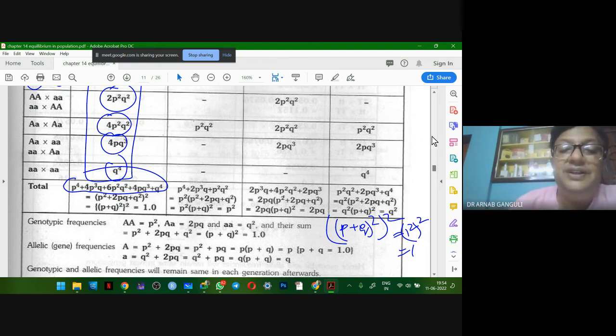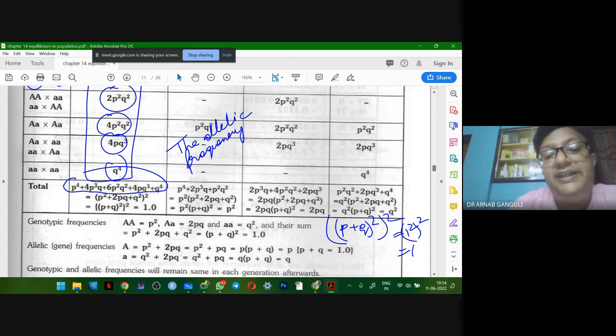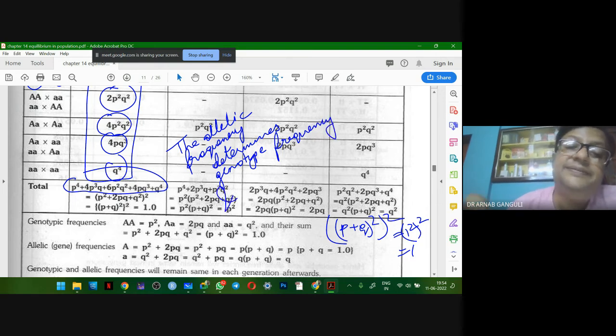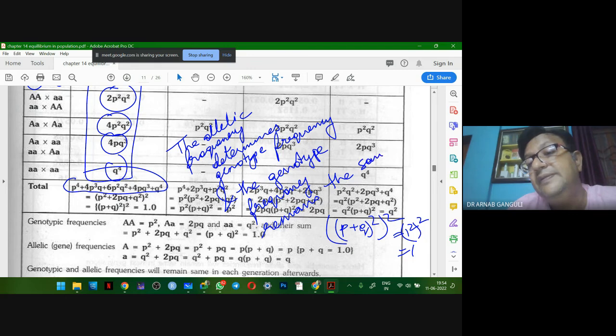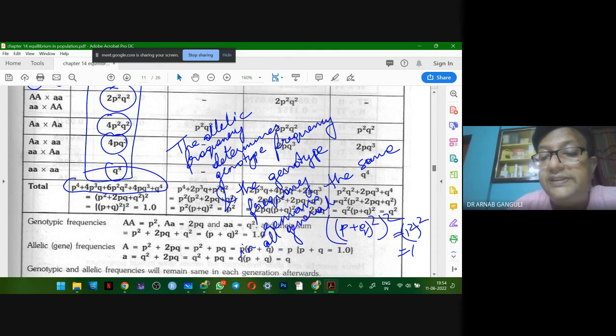So you can say the allelic frequency determines genotype frequency, and the genotype frequency remains the same in all generations.